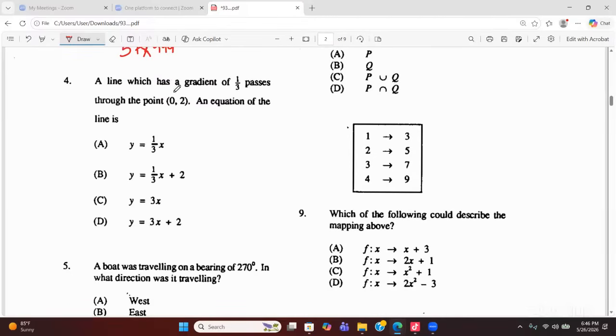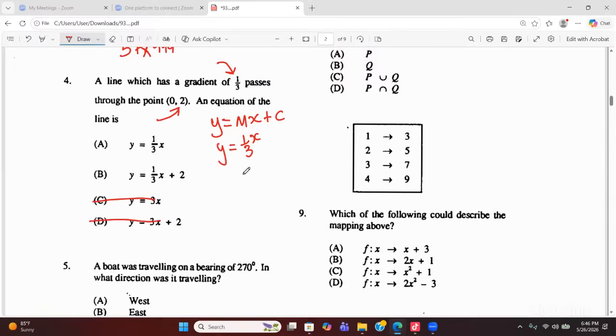A line which has a gradient of 1/3 and passes through the point (0, 2). The equation of that line is what? Now remember, the equation of a line is given as y equals mx plus c. M is our gradient. So already this line has to begin with y equals 1/3 x. It has to start like that. That means this is wrong and this is wrong already.